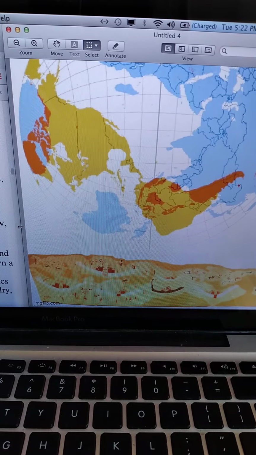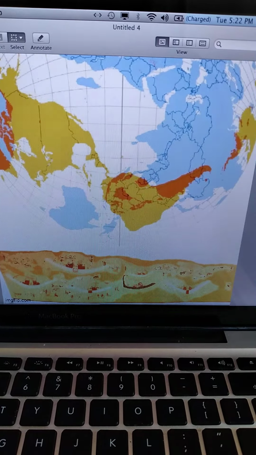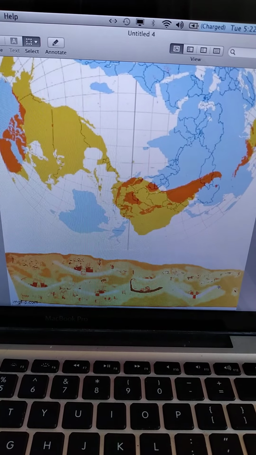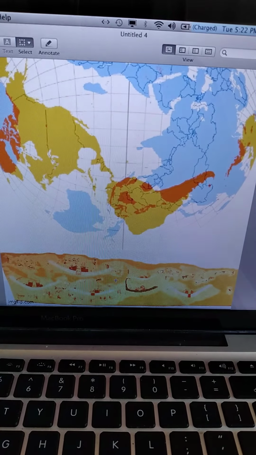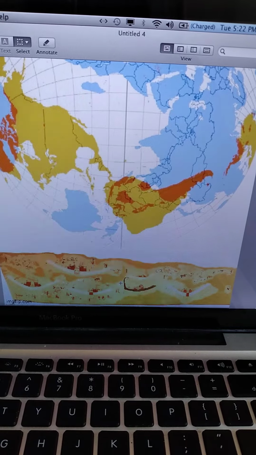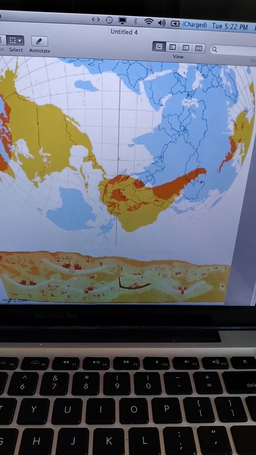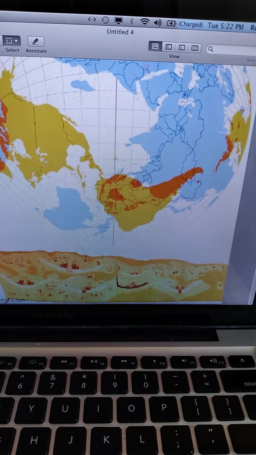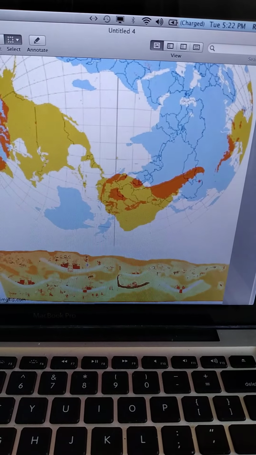And you see that this was painted on the southwestern wall, so it was painted kind of in the direction of South America, you could say.